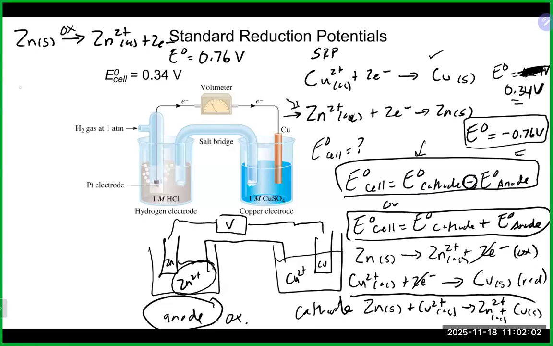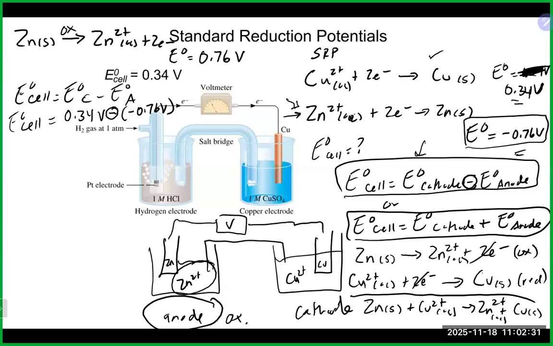So if I was going to do this with E of the cell is equal to E of the cathode minus E of the anode, I'm going to put in here my cathode, 0.34 volts, minus my minus 0.76 volts. That is what the subtract is here for, because it is the anode one that always gets the sign reversed.